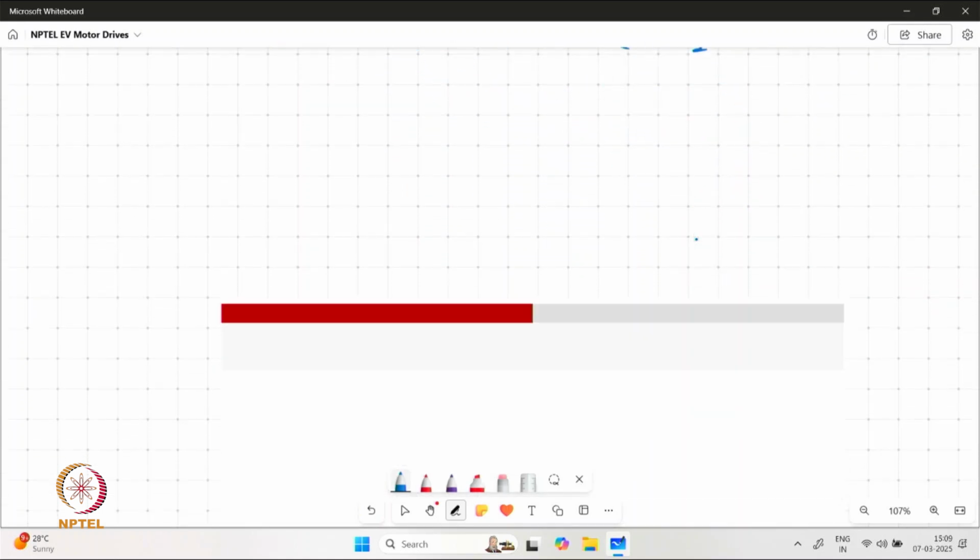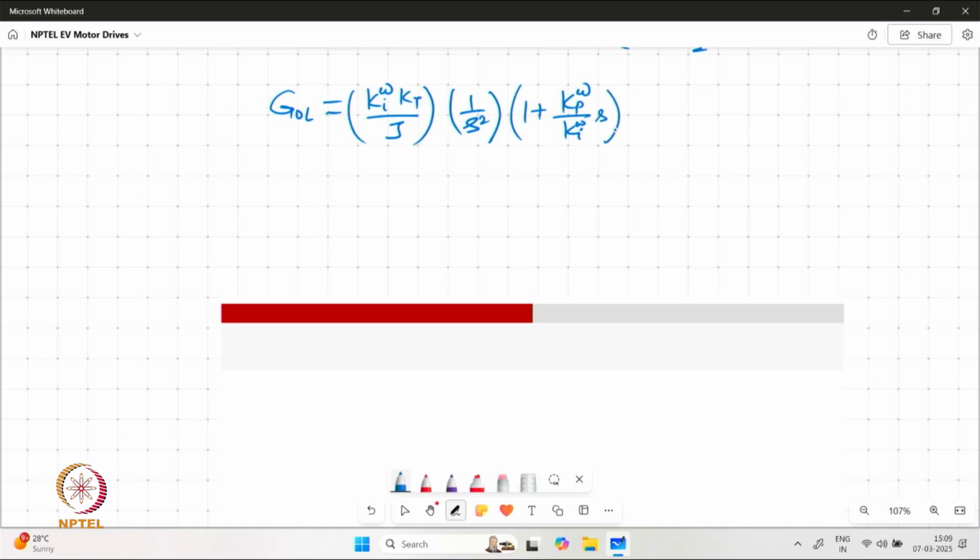So after considering this simplification, our open loop transfer function is going to look like this.